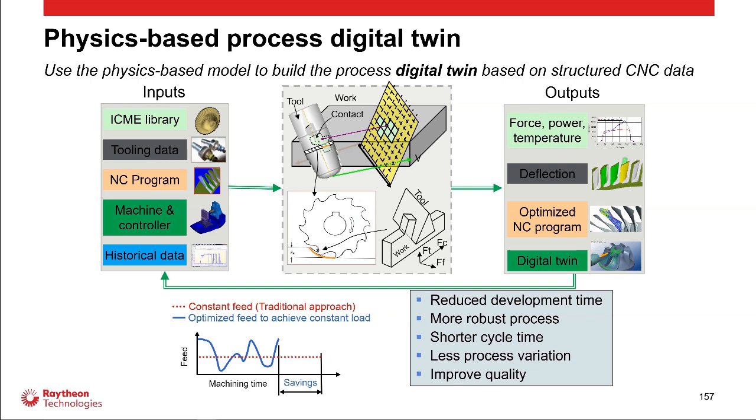Since you have the model there, you know the capacity of the spindle and the tool. So sometimes you can speed up, or sometimes you can slow down, depending on the user's objective. And eventually we can generate the digital twin.